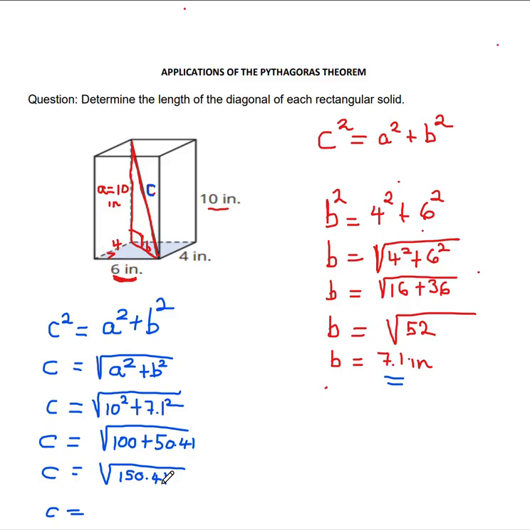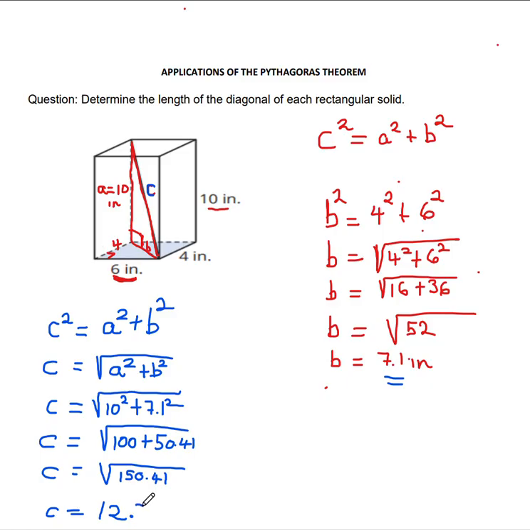So we take the square root of 150.41, and the square root of 150.41 here will give us 12.26. So approximately 12.26, but I'm going to round this to the nearest tenth.